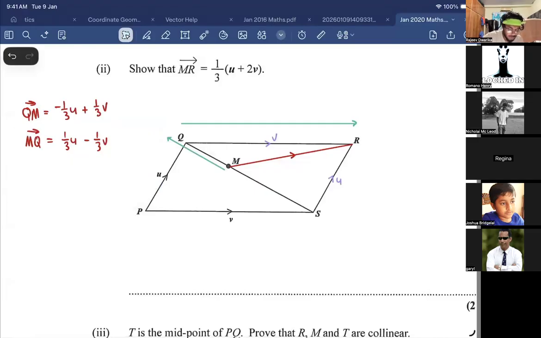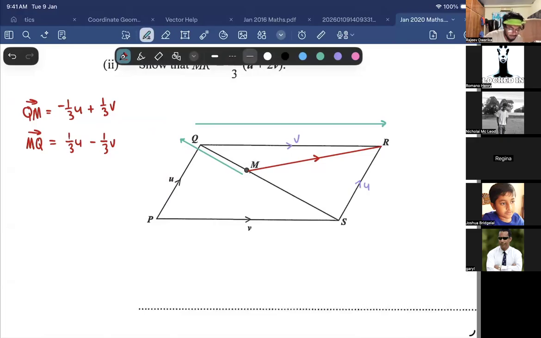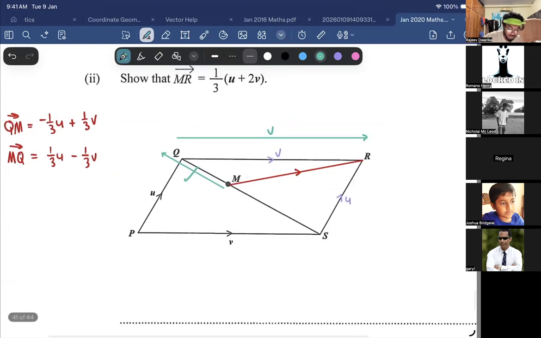All right. So you understand that we have Q to M, and using Q to M, we were able to find M to Q by just switching the signs. Yeah or no? Yeah. So we have this. Do I know what this arrow is? Yes, sir. That's just V. Okay, cool. Positive.